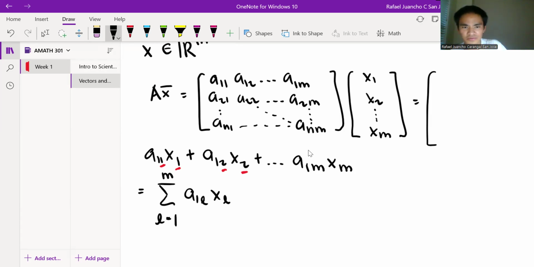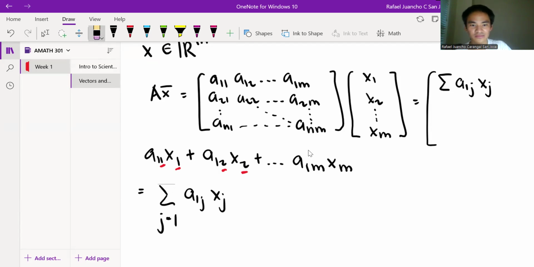Okay, so to make it easy to look at, we're just gonna say summation. We're not gonna fill in the stuff anymore. Instead of L, let's do J because that's what's in my notes. We can change this to J. So it's a1j xj, right?